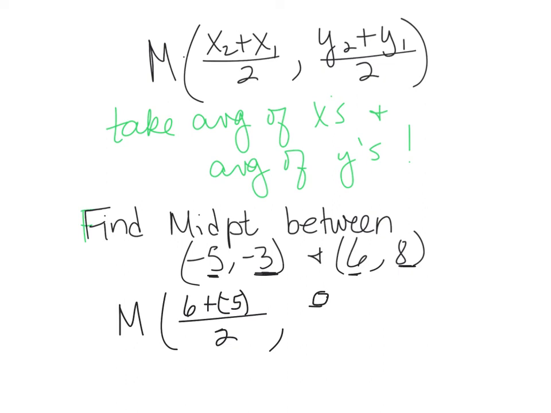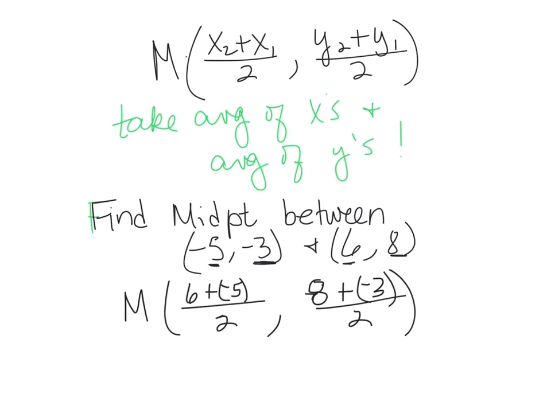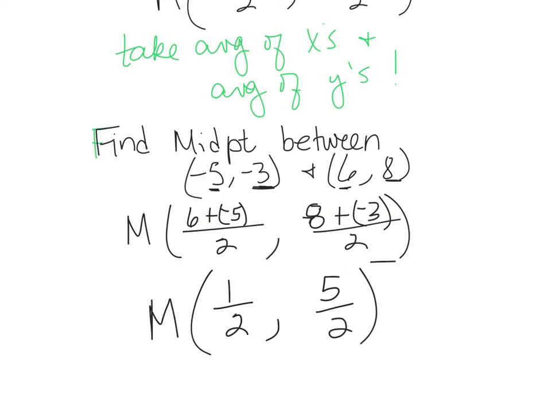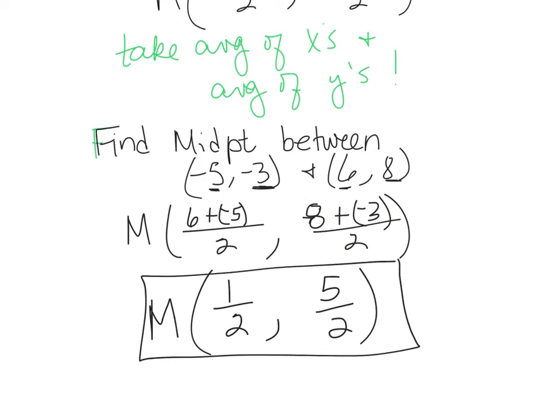I started the other way. 8 plus -3 divided by 2. So 6 minus 5 is 1, and 8 minus 3 is 5. So these are the coordinates of my midpoint. That easy.